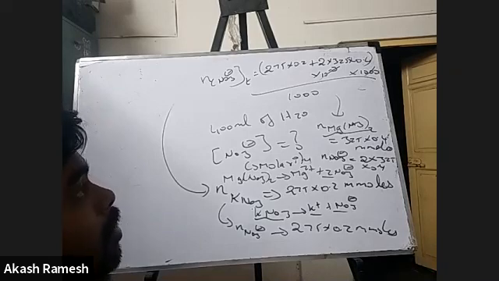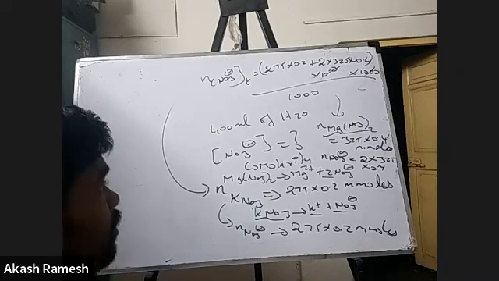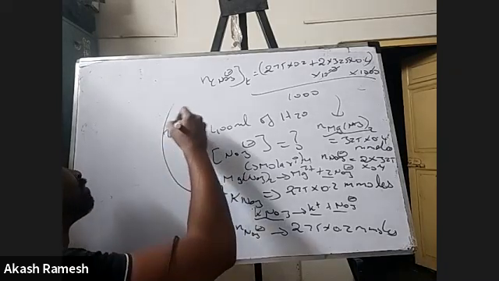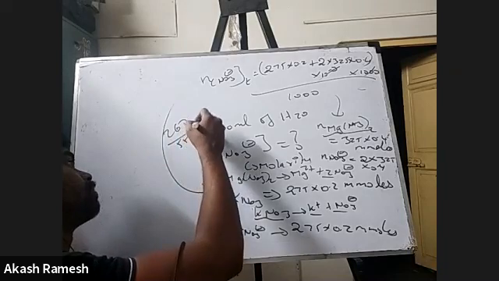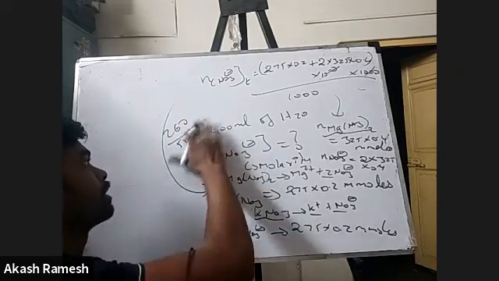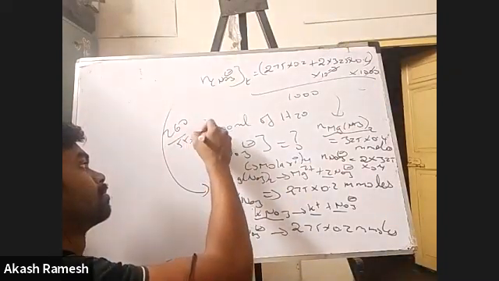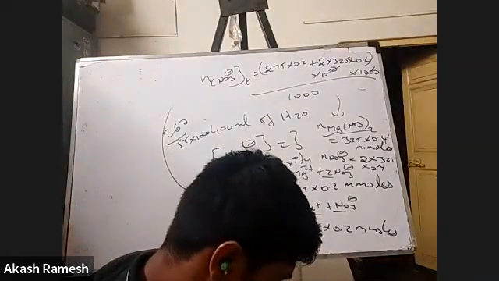So it is going to become 260. 260 divided by 55 into 1000, divided by 1000. This would have been your answer to the question.